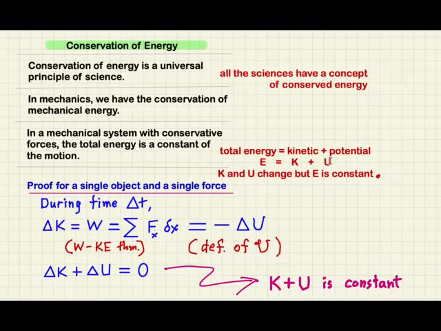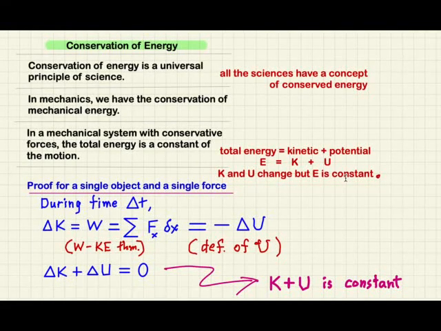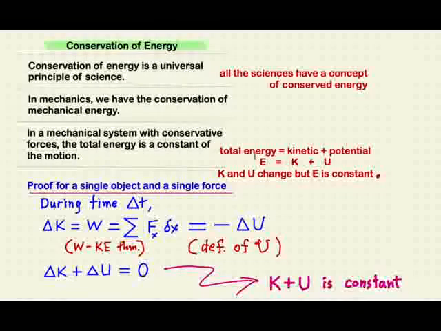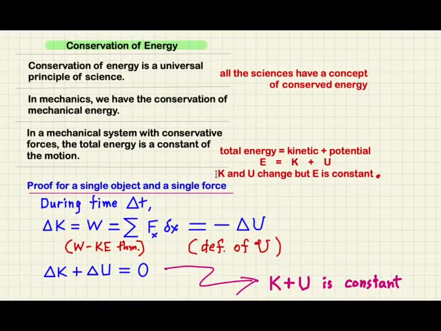But E is constant. That fact allows us to solve many different kinds of problems in mechanics, do calculations. It simplifies many calculations to take into account the fact that E is constant. And you'll get many chances to see that in the homework.